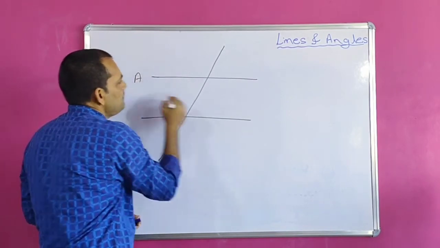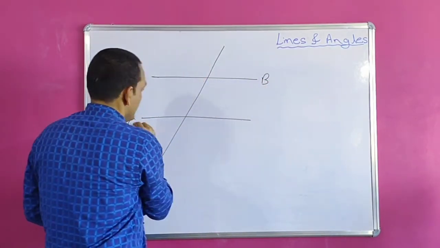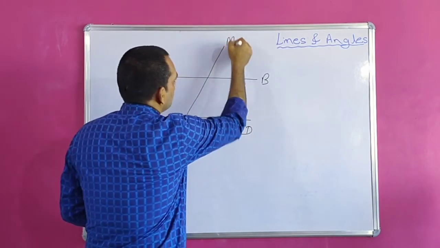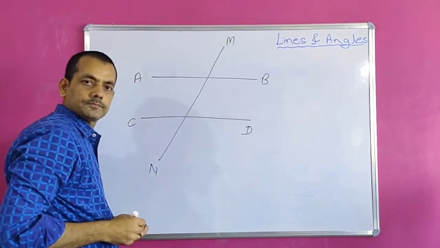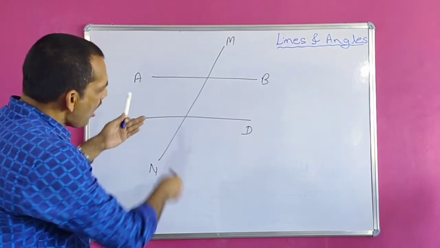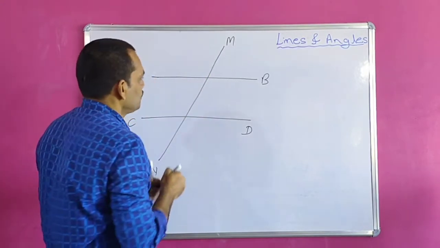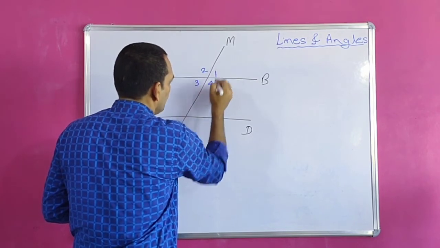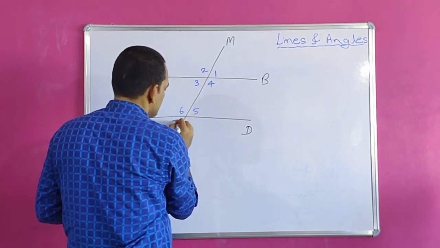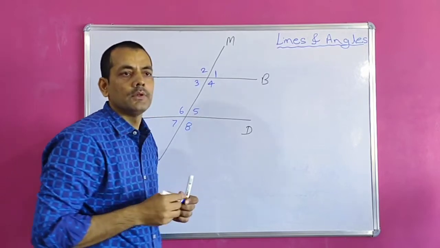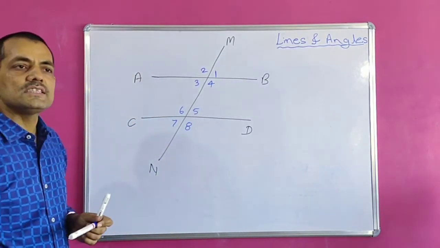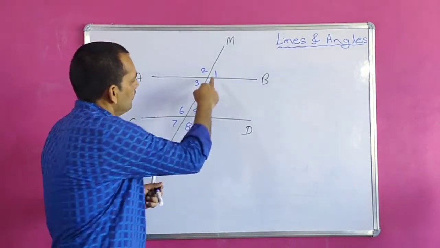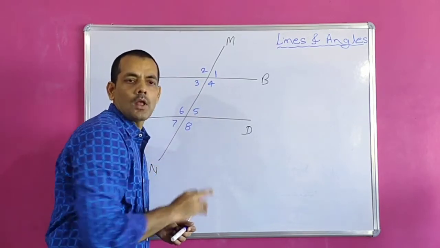So if AB and CD are cut by MN, how many angles form? In total 8: 1, 2, 3, 4, 5, 6, 7 and 8.